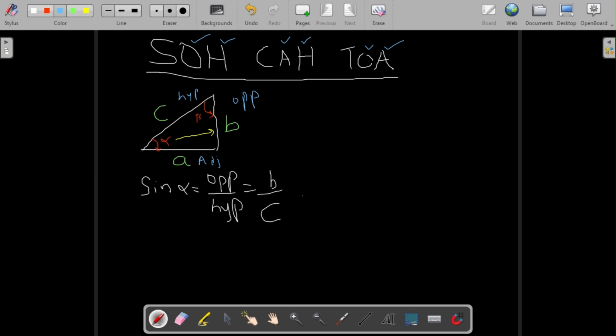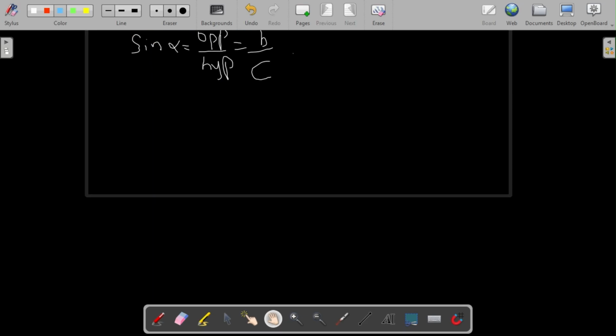Now, if we have this successfully, then we can look at something else. How do we get cos? Cos is also very straightforward. Cos alpha is adjacent over hypotenuse, because if you look at what we have previously, that's A over H, adjacent over hypotenuse.